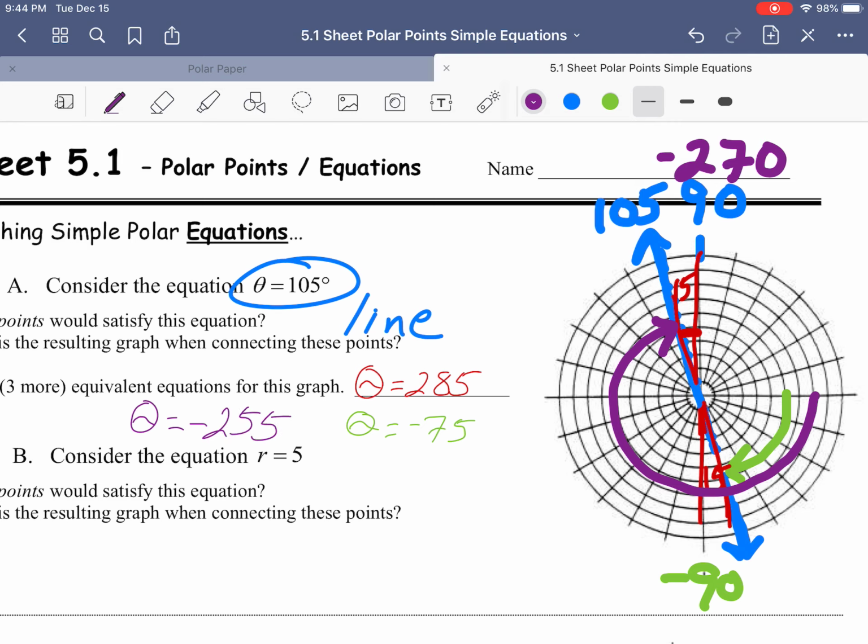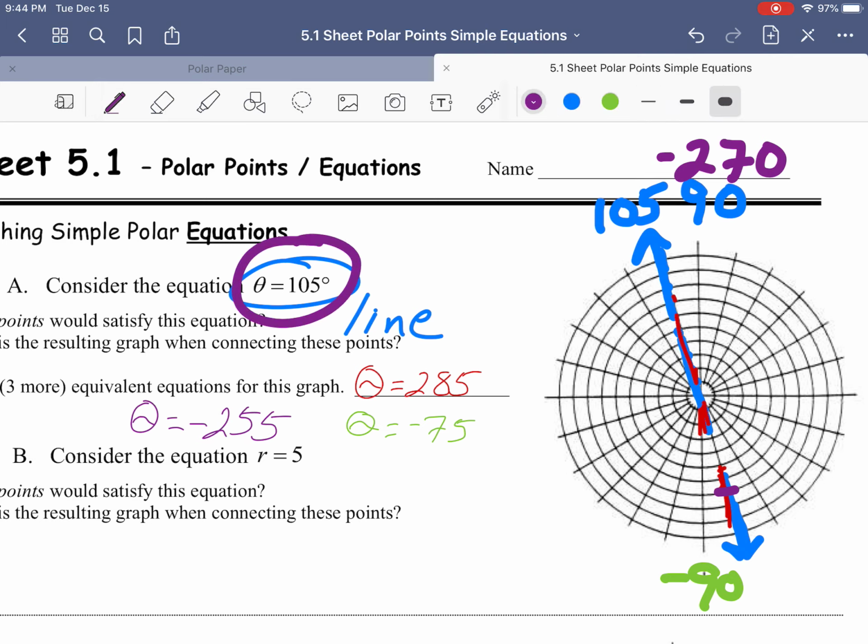So just like you can name a point different ways, it looks like we can also name this line some different ways. But ultimately, when it comes to graphing this line, we want to keep in mind that it was a diagonal line represented by the equation theta equals 105.